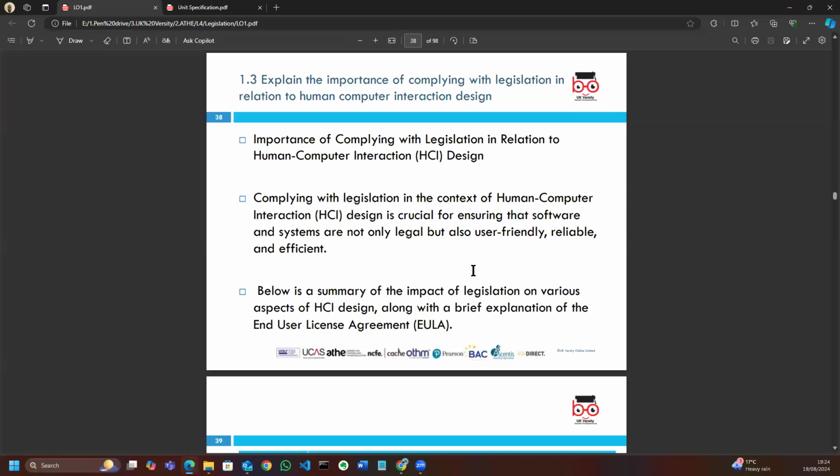We need to look into the importance of complying with legislation in relation to human-computer interaction, where complying with this regulation in the context of human-computer interaction is crucial for ensuring that software and systems are not only legal, but also user-friendly, reliable, and efficient.